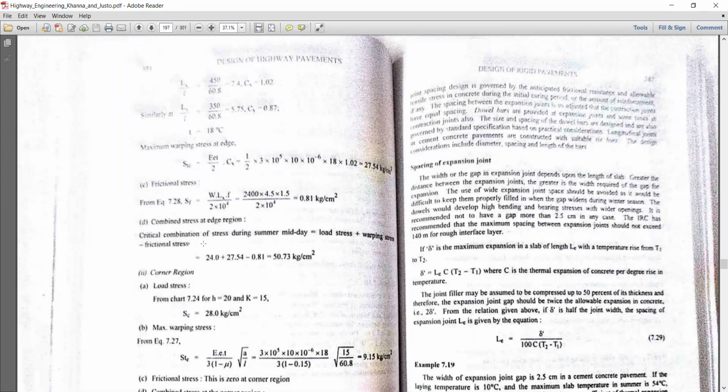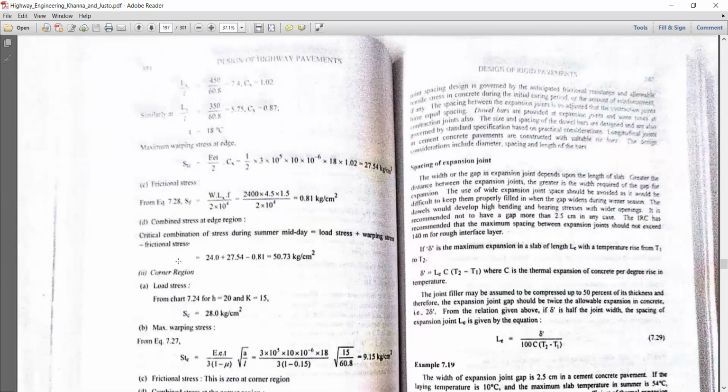Here, summer season, minus frictional stress. So 24 plus 27.54 minus the frictional stress. Hence we are getting the combination stress at edge region as 50.73 kg per centimeter square. Like that, edge is calculated.